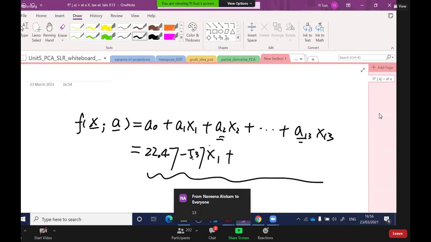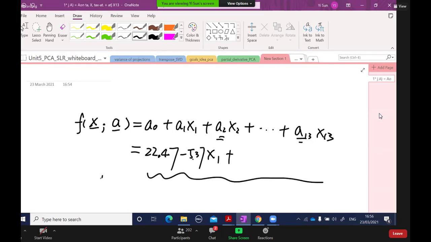After you got this equation, I now give you a new data point which is not involved in the training set. The new data point is given by, say, x new equal to, I made it up, 2407, and then 13 values.